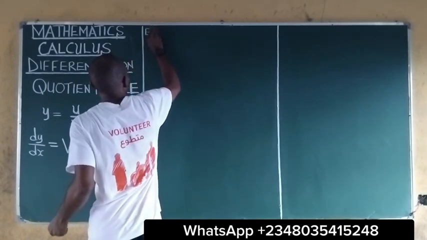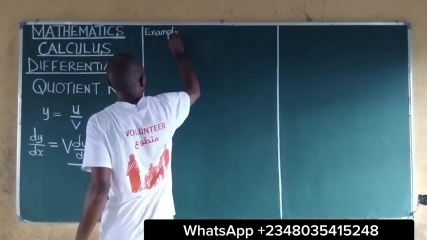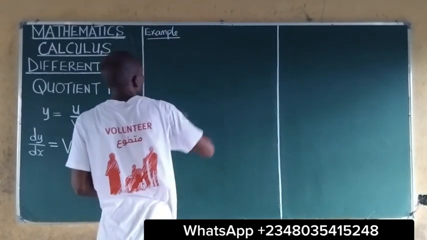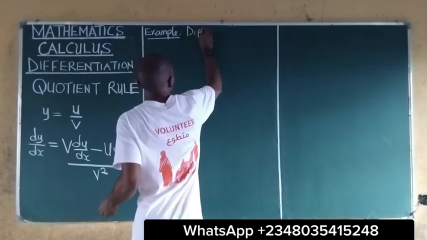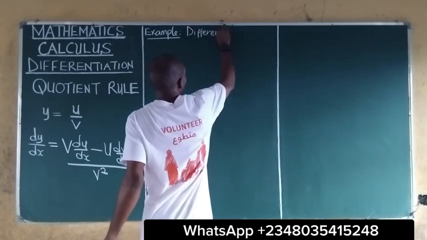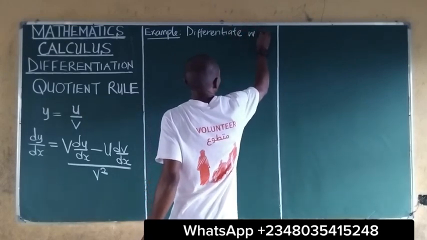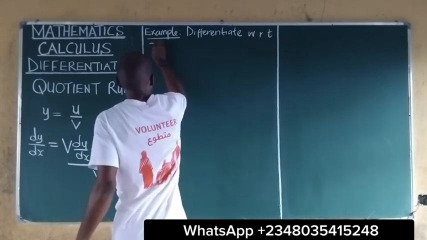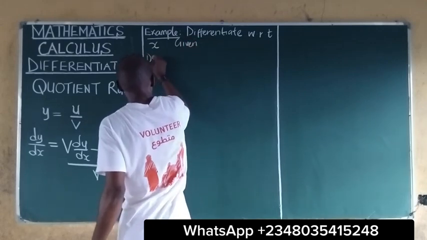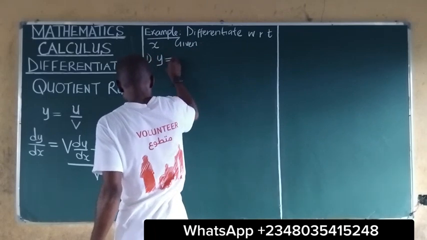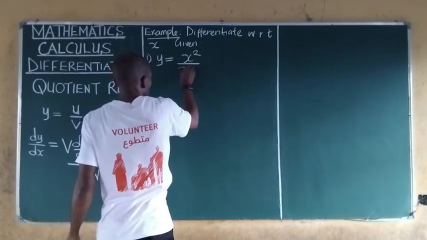Example. Differentiate with respect to x given: 1. y is equal to x squared all over x plus 2.